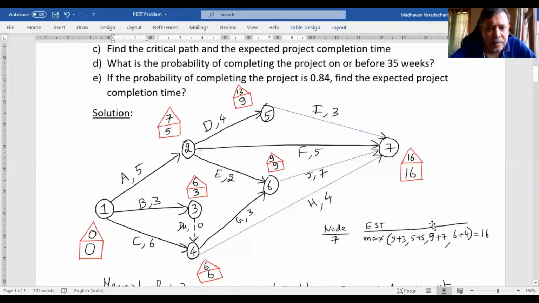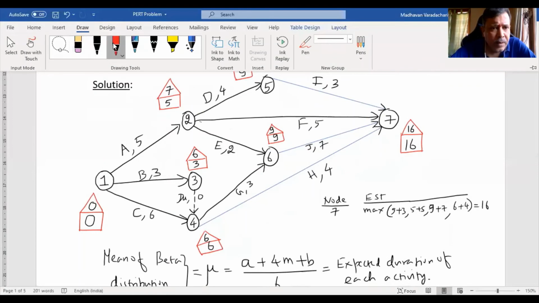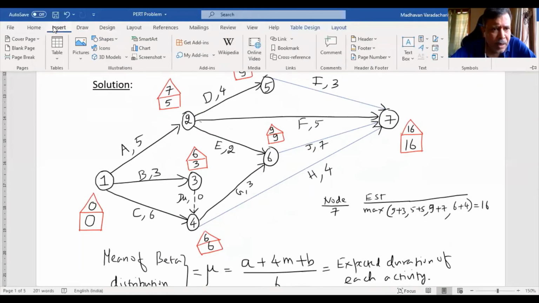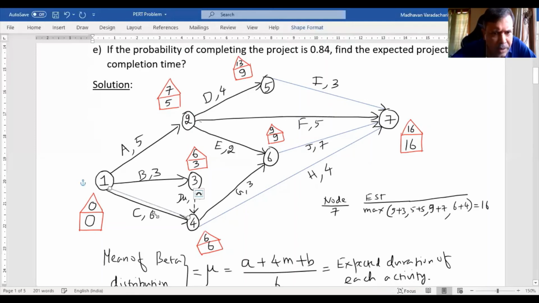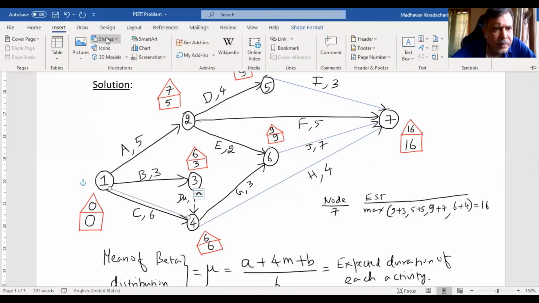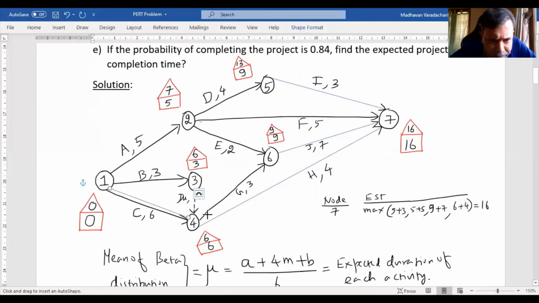So the critical path, you can draw it like a, what do you call? Let me use the line only. I can draw it with a double line, from 0, 0 to 6, 6. Let me draw a line here to meet this. Okay. Then next, from 6, 6 to 9, 9.